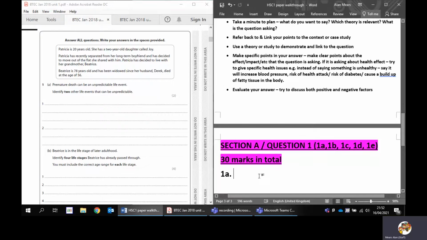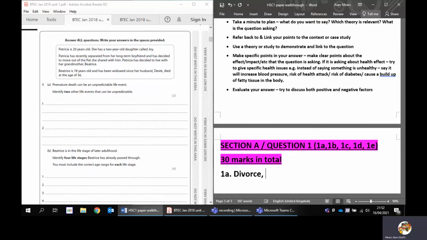So looking at our answer here, unpredictable life events are events where you can't prepare for them, can't really plan for them. They happen without much preparation. We could put divorce as an unpredictable life event.